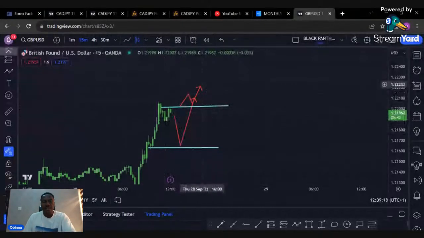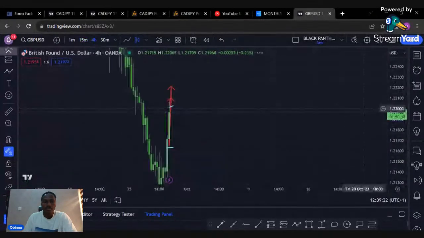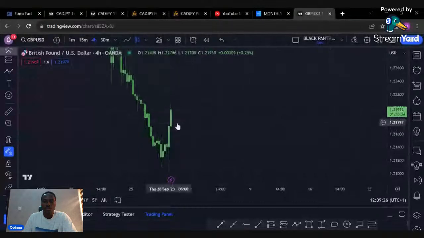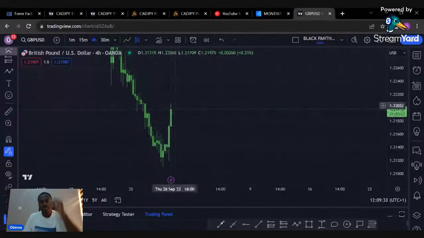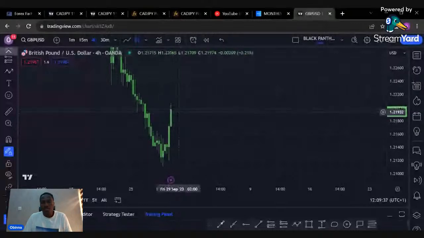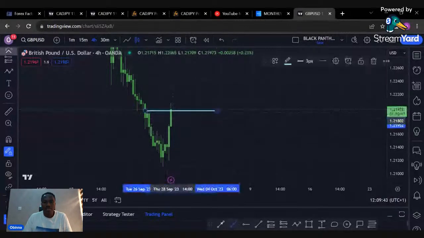But on a higher time frame, I'm not seeing much to work with for GU. I'll just say the best trades were earlier in the morning. If you want to still use the momentum, you can use it to continue going up. But on the higher time frame, this is a key level for sells.